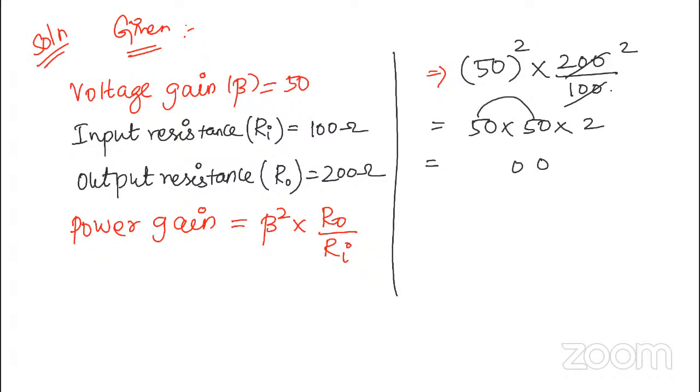So 5 into 5, 25. 25 into 2, 50. So the answer D is the right one. It should not be 50,000. It is 5,000. Okay.